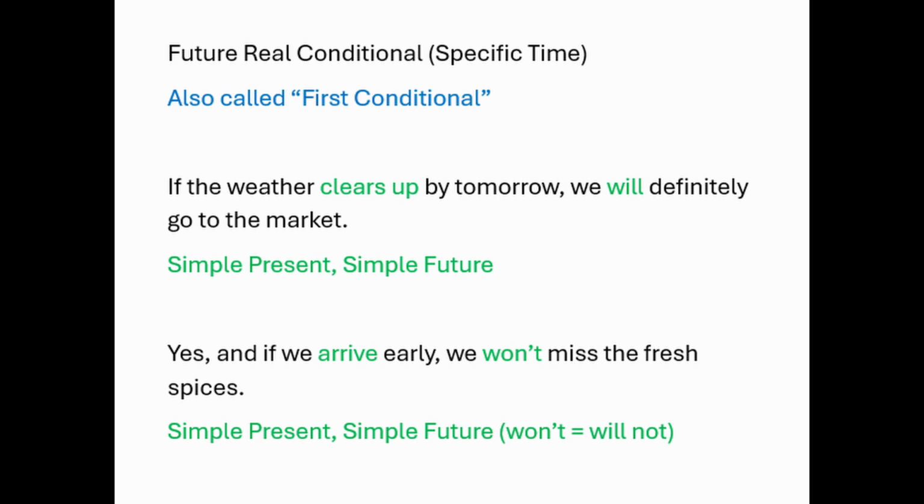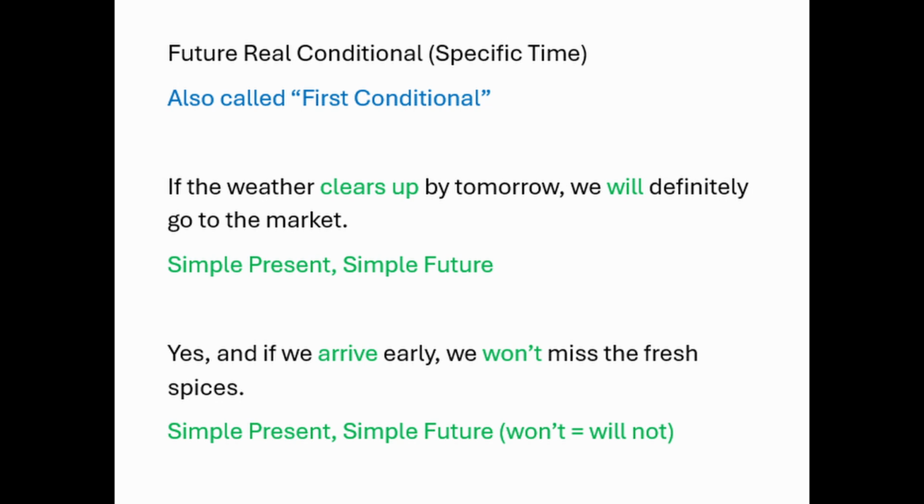And then the guy responds by saying, yes, and if we arrive early, if we arrive, that's the simple present, we won't. Do you know won't? Won't is the simple future negative of will, will not. So we won't means we will not. So that's the simple future negative: we won't miss the fresh spices.